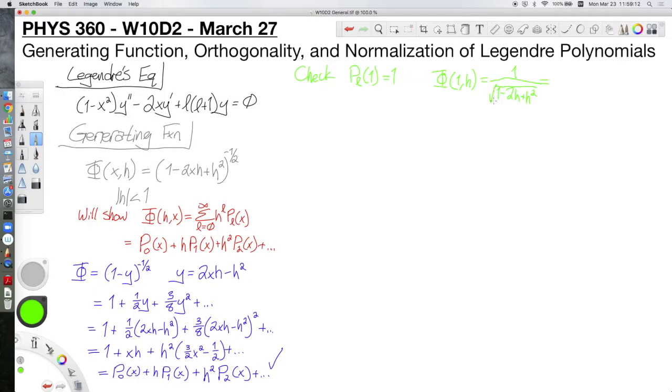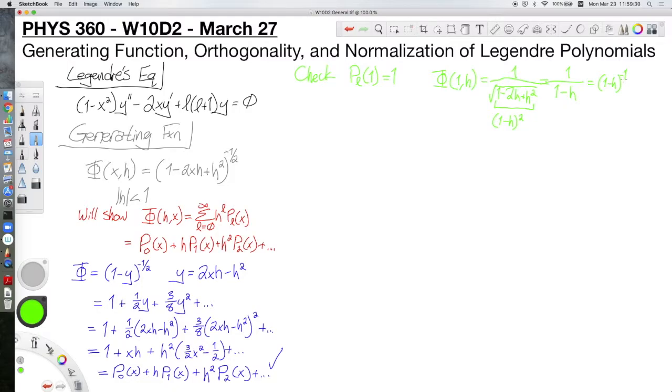And, well, 1 minus 2h plus h squared, this is just 1 minus h quantity squared. And the square root of that is then just 1 minus h. So we have this is equal to 1 over 1 minus h. Now we can once again use our binomial series, because this is just 1 minus h to the negative first power.